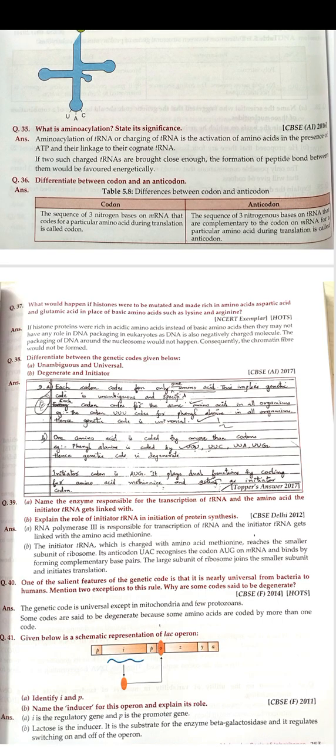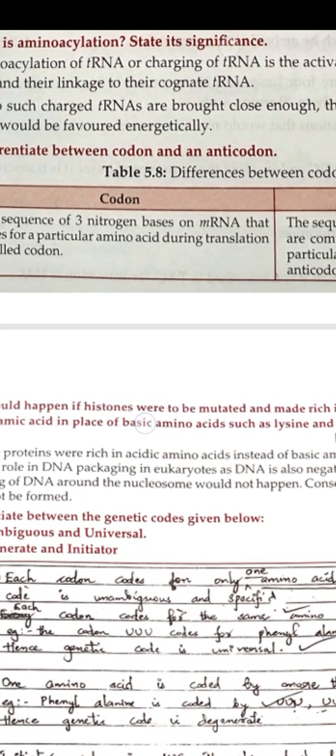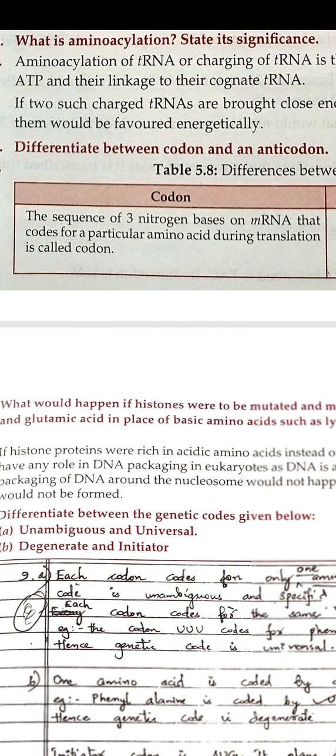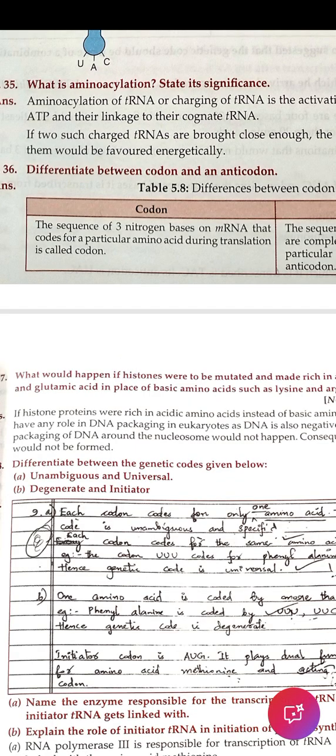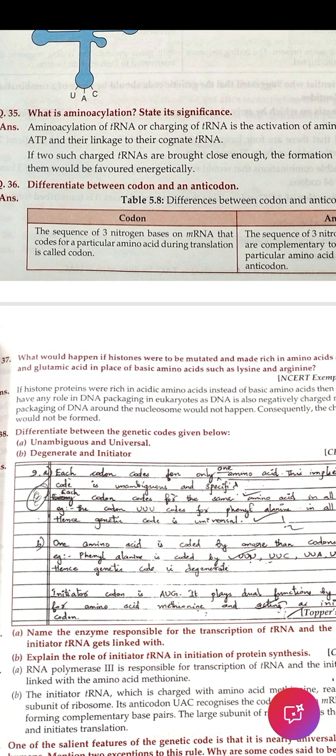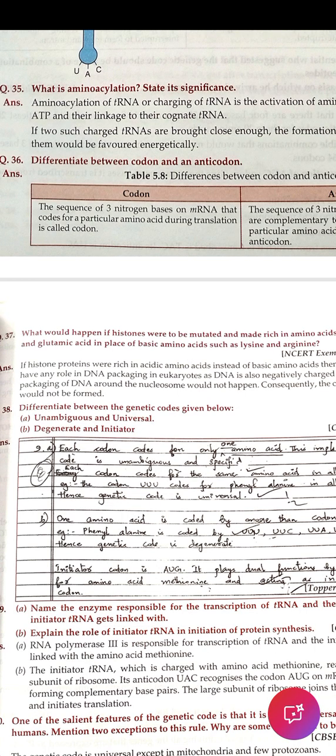Now, question number 36. Differentiate between codon and anticodon. So you see here a table mentioning the difference between codon and anticodon. The sequence of three nitrogen bases on mRNA that codes for a particular amino acid during translation is called a codon.